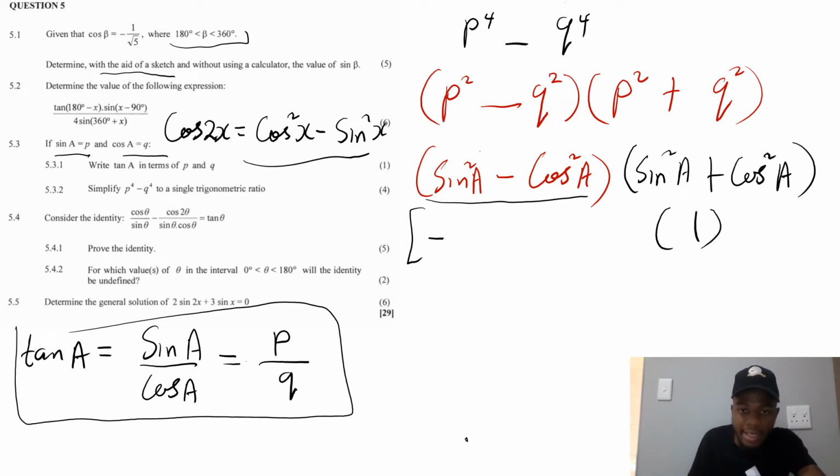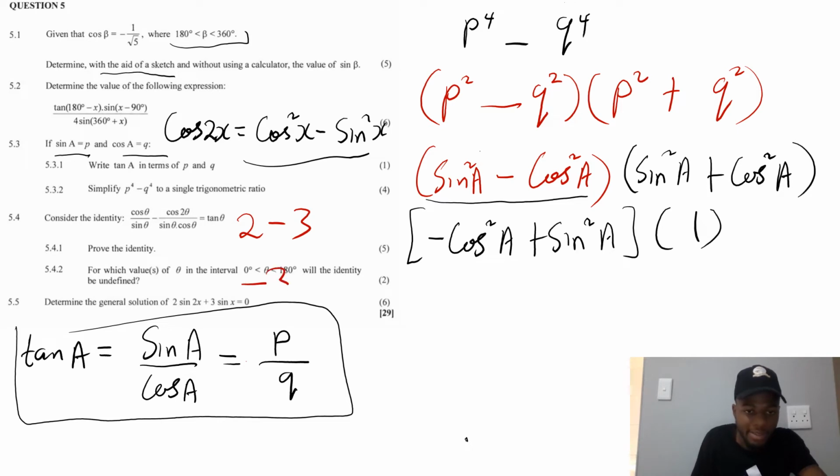So I'll write negative cos squared A because it's negative, then plus sine squared A because sine squared is positive. I didn't change anything, I just changed the position of these two terms. It's like when you have 2 minus 3 and then you write it as minus 3 plus 2.